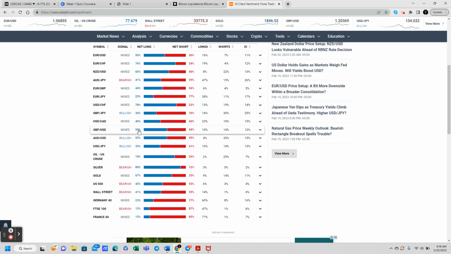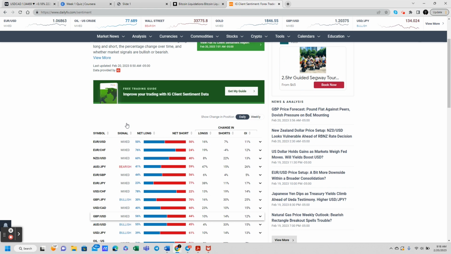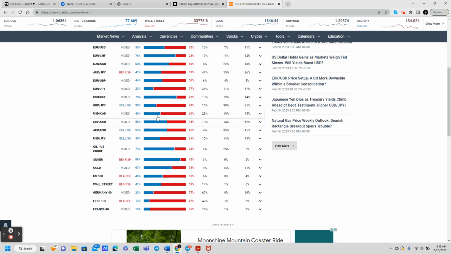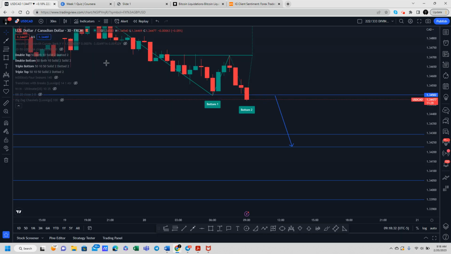So we do want to look at a contrarian bias on this, and we're probably looking for buy setups. However, when it's mixed, we have seen some that actually go with the majority. So let's take a look.